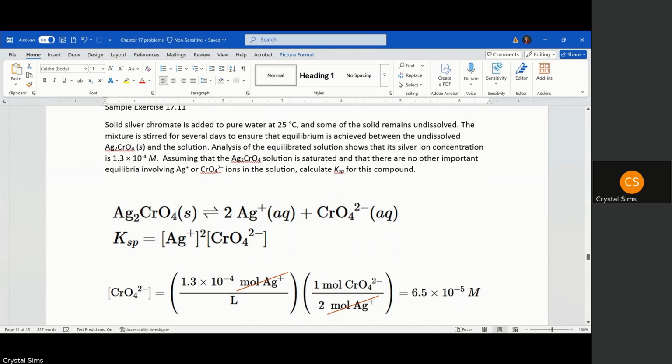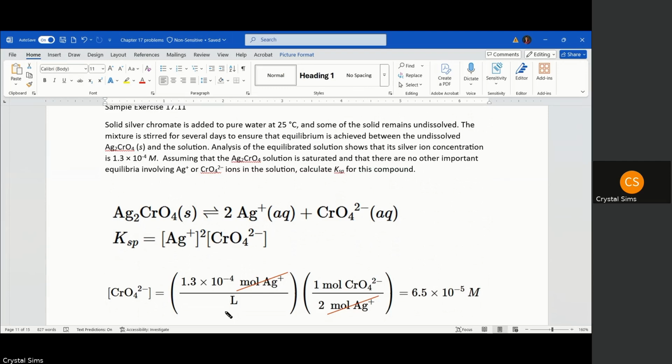So we know that silver ion concentration is 1.3 times 10 to the negative 4 molar. That means moles per 1 liter. So we're going to plug that in first. So here is our silver ion concentration. And then looking at our chemical equation right here, we know that for every 1 mole of chromate ions, we have 2 moles of silver ions.